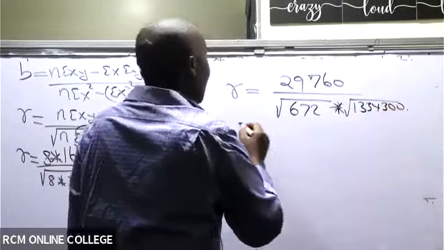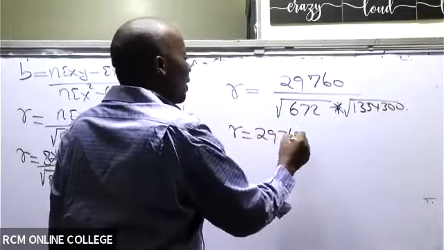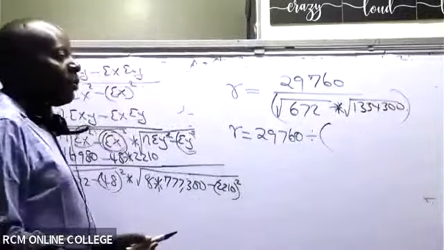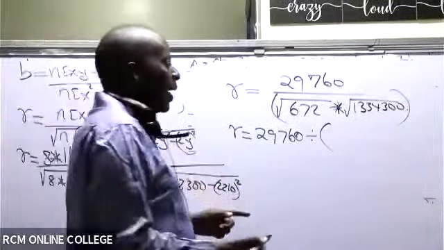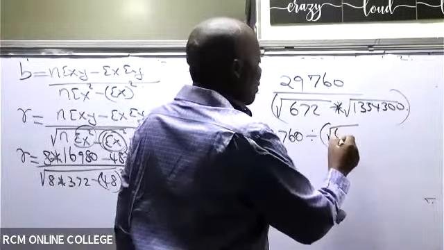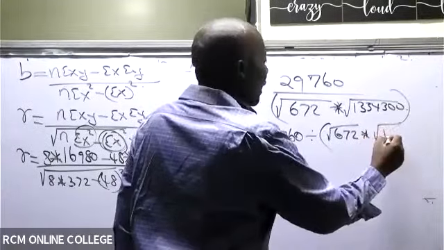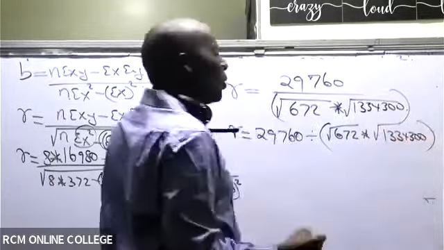So in your calculator, to get this R, you say 29,760 divided by, you open bracket to take care of it, because there are two terms. You must always open brackets. So you say 29,760 divided by, open bracket, square root of 672 times square root of 13,34,300, and then you close bracket, and then you tell me equals.